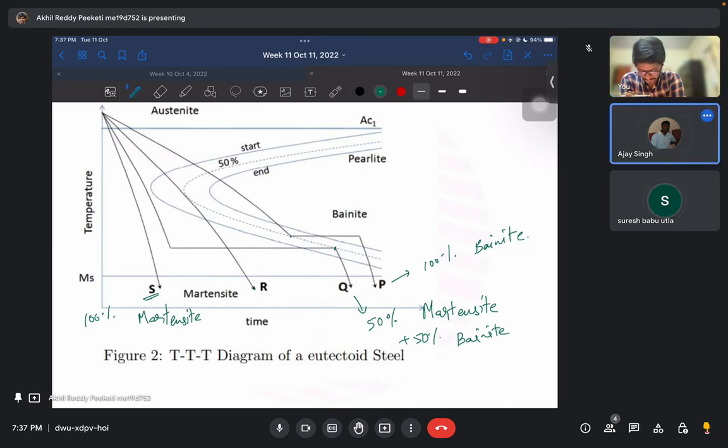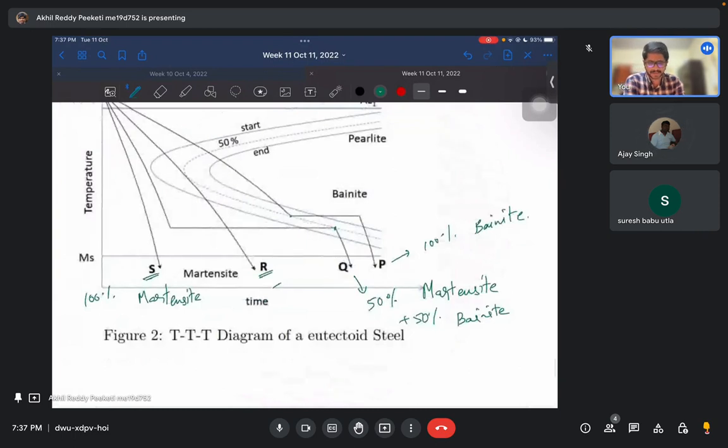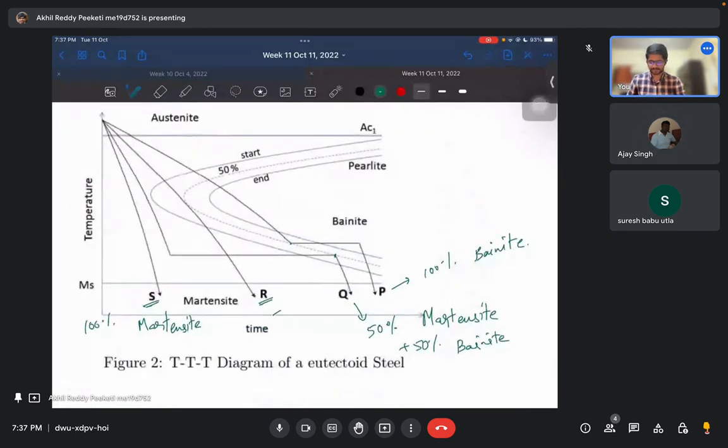No. So I think for austenite to convert to bainite, you need to let it cool down a little bit, right? Yeah, let it transform a little bit. So I think this would be 100% martensite only. Or I'll check again and update in the final notes.